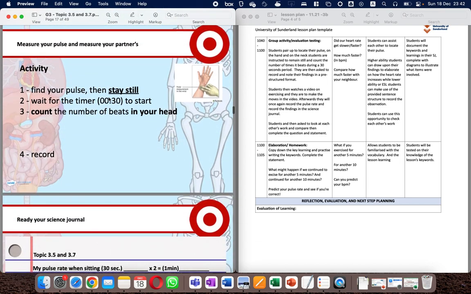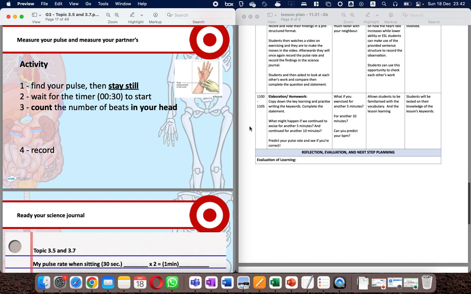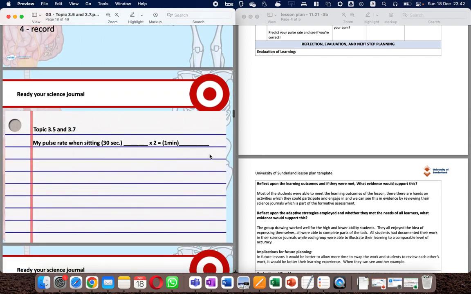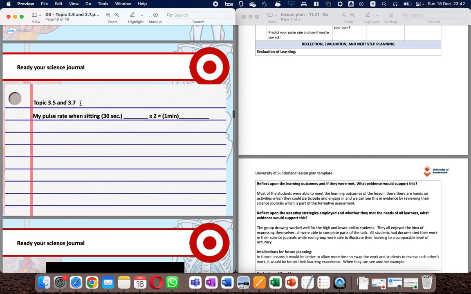And so after they do this and they count the beats, this is group work. So we are inclusive of SEN, so kids can help each other and work in groups, which makes things a little more interesting. They calculate the pulse rate when resting or sitting.